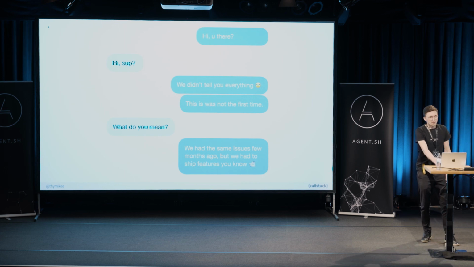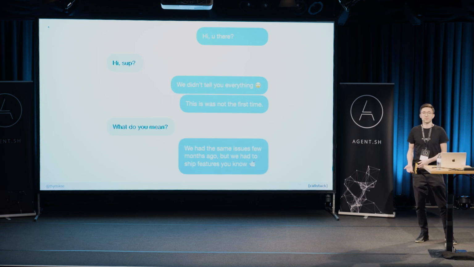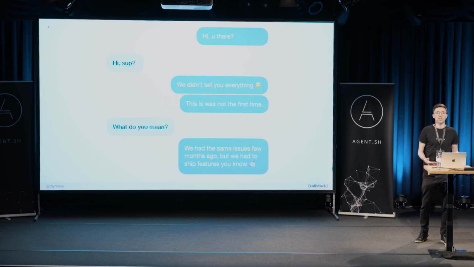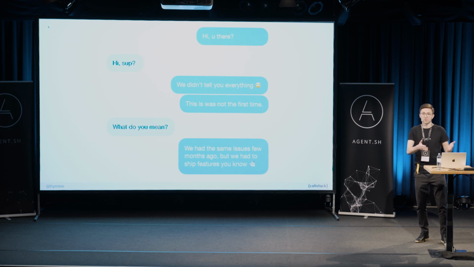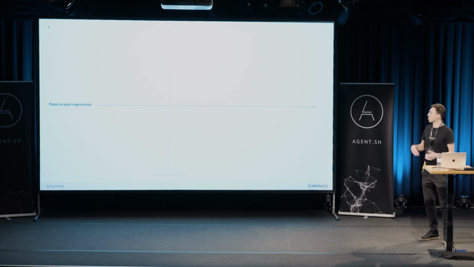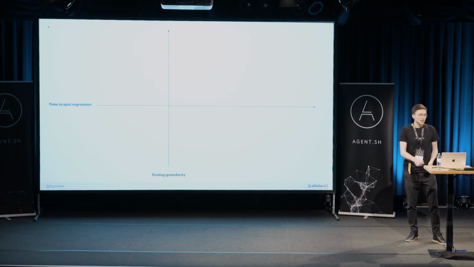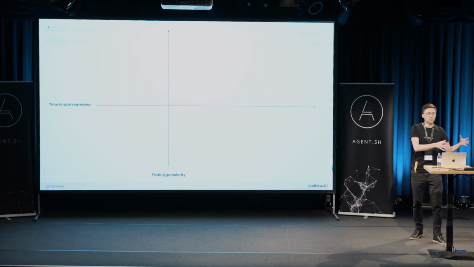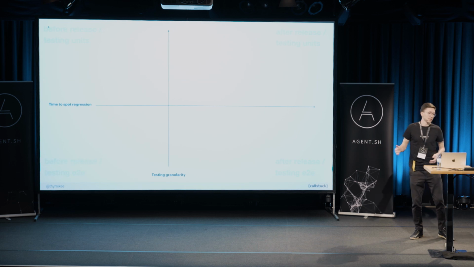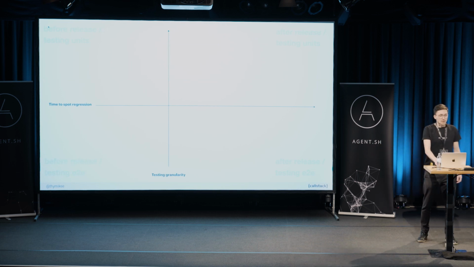And this actually got us thinking about how we can prevent it so it doesn't happen again in a few months after our fixes. So we started to plot this chart over two axes: time to spot regression and the testing granularity. From before to after release, and from end-to-end to unit testing.